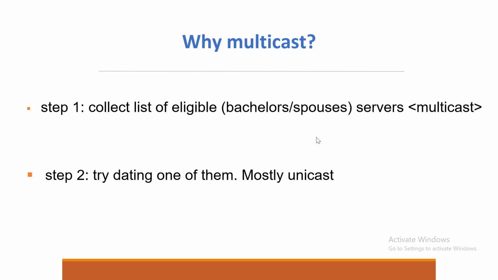If you want to date or marry or whatever, that's the list of your eligible people, and those are your servers. Everybody says, well, I'm available, and I'm available. Then step two, if you really go to date one, you're not going to go to everybody for dinner. You just go with one at a time. Now that's mostly done unicast.